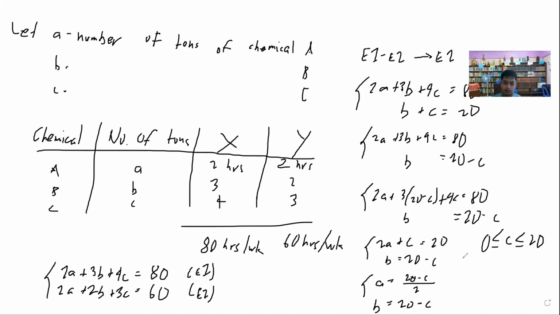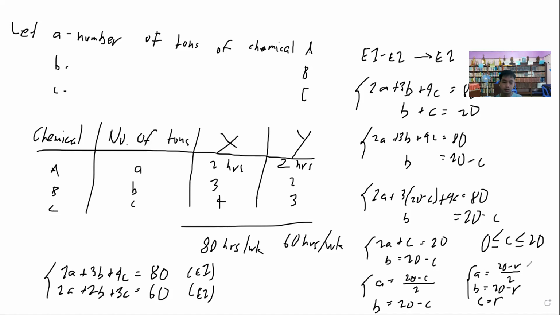Okay? Then, so yung solution natin is kung si C natin ay equal to some number na R, si B natin ay 20 minus R at si A natin ay 20 minus R over 2.